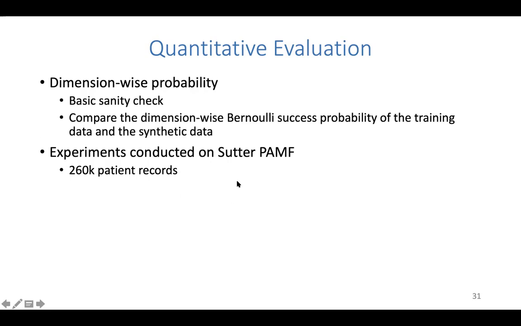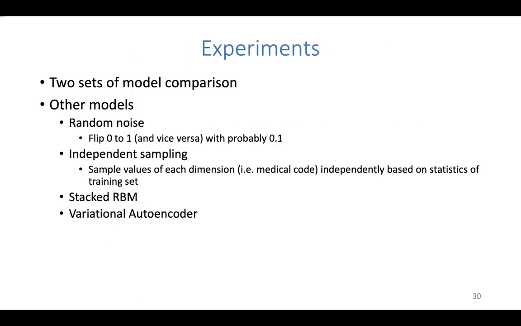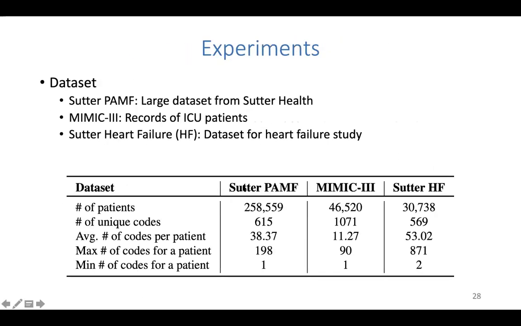And the experiments were conducted on Sutter PAMP, the largest set of studies. So here, each dot corresponds to a single feature or single column of the generated samples. So here there will be 615 dots because Sutter PAMP has 650 unique codes.